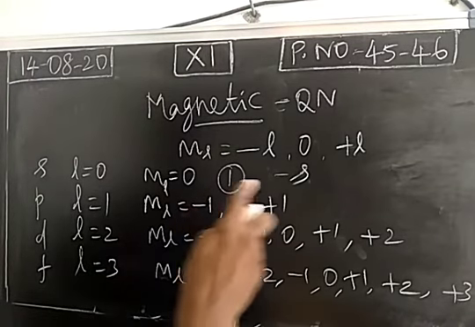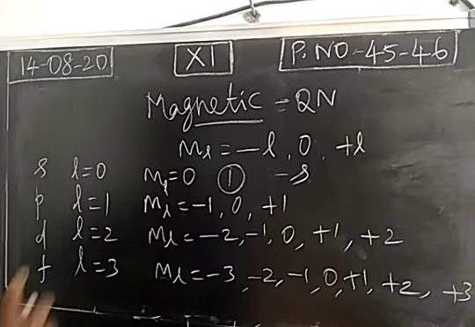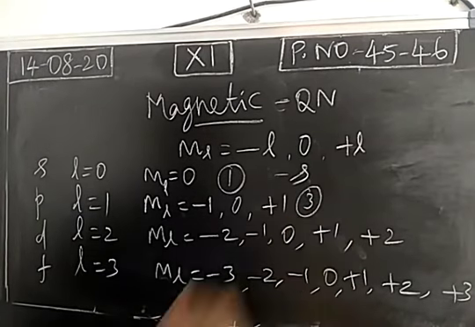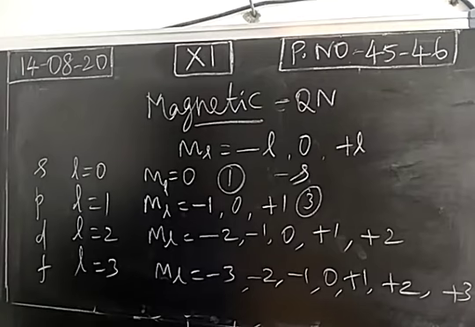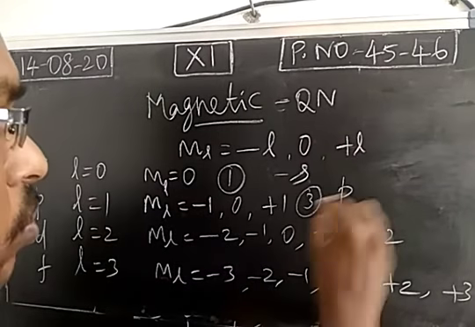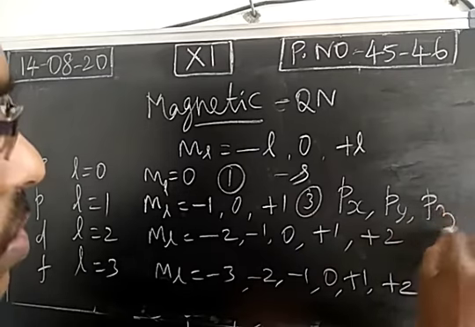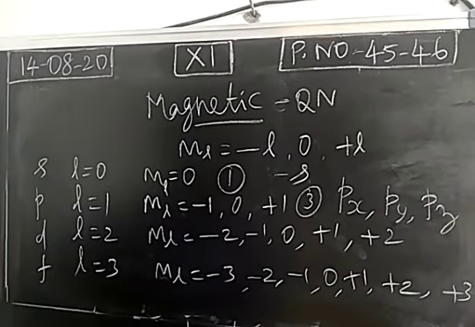Right? How many possible magnetic quantum numbers does the P subshell have? 3. So there are 3 magnetic quantum numbers for the P subshell, which means 3 orientations. We use the notation Px, Py, Pz. So these are all called what? Orbitals, right?